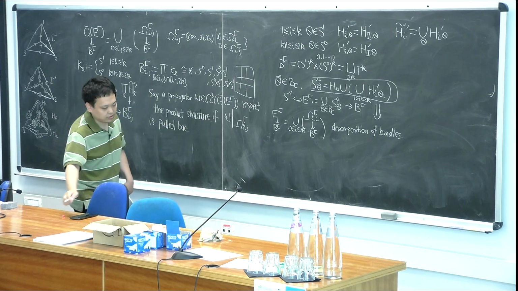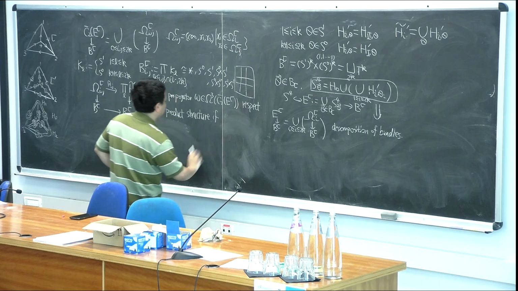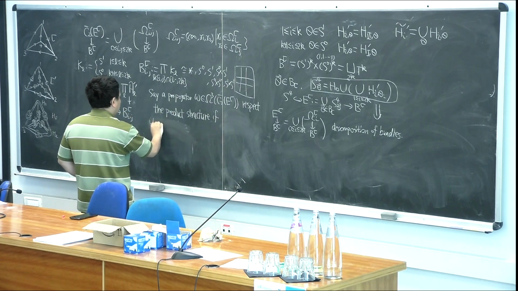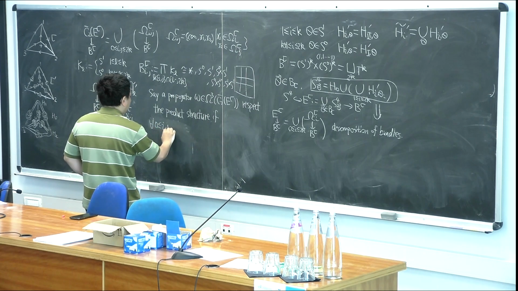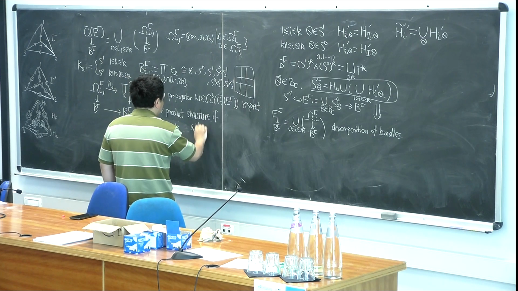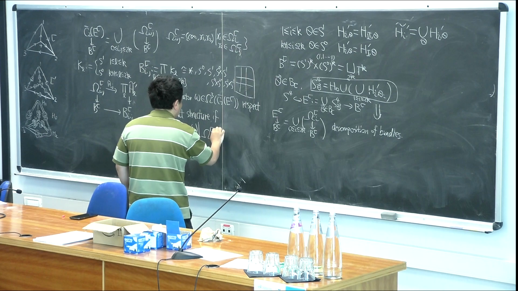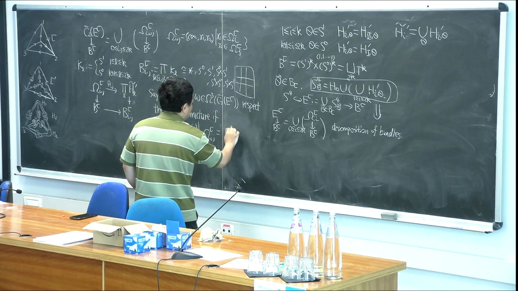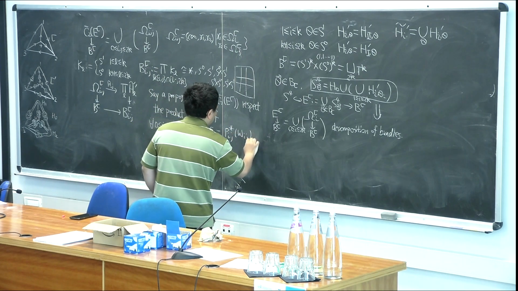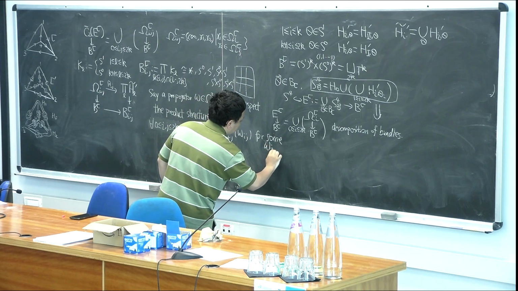So let me just write down the formula. If for any 0 less than or equal to i, j less than or equal to 2k, the restriction of our propagator to this piece equals Pij star omega ij for some omega ij.